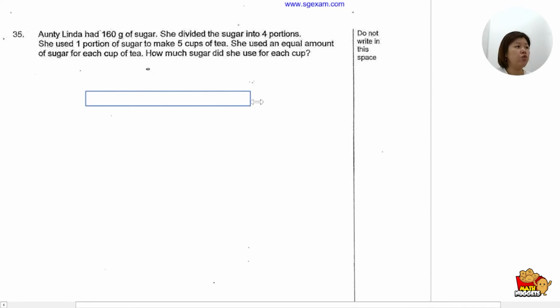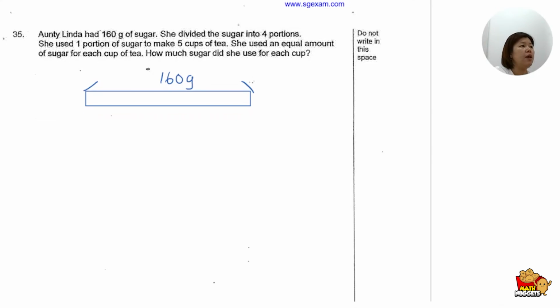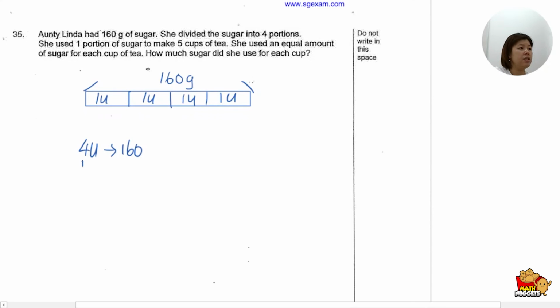So I can just draw her sugar is 160 grams. And then she divided into 4 portions.